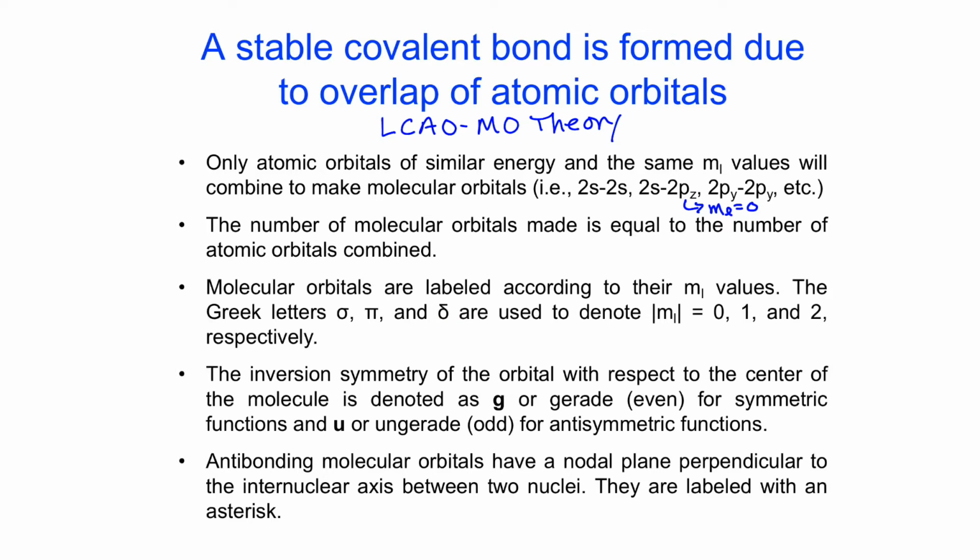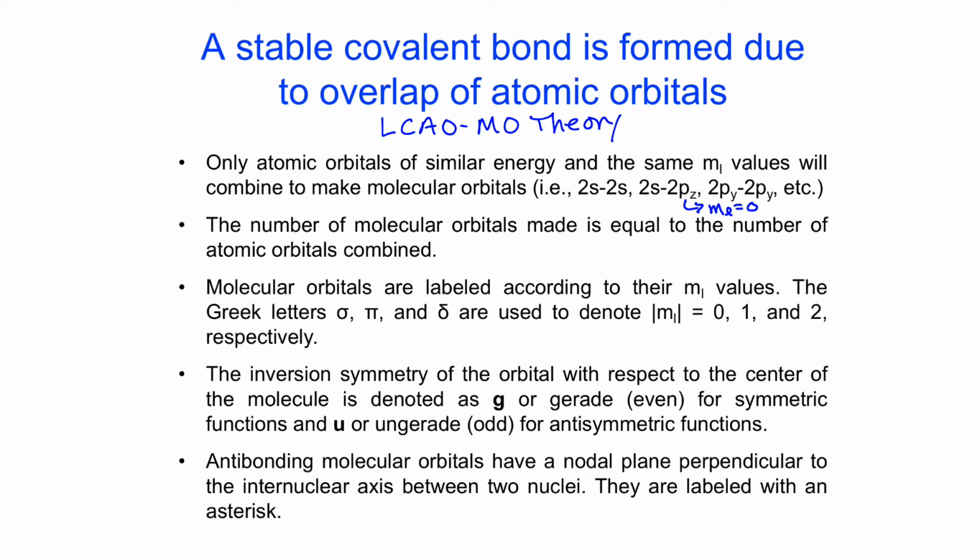Remember, it's based on the m sub L value, so that means that you can have sigma molecular orbitals that are created with p orbitals. If you have your p orbitals, those pz orbitals, those are going to be m sub L's of 0. Those are going to combine to make sigma bonds.